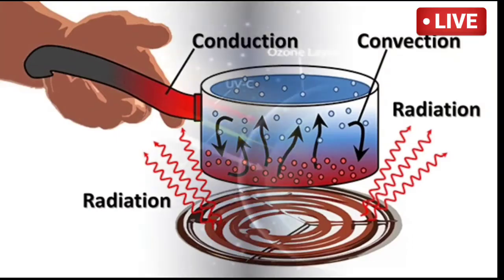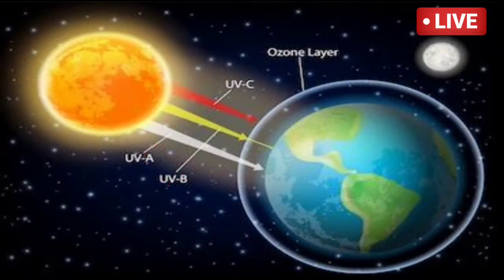The sun is releasing some other rays, which have more energy. Those rays are called ultraviolet rays, radio waves, and X-rays from the sun, which we cannot see and cannot feel, because these rays are not received by the surface of the earth.